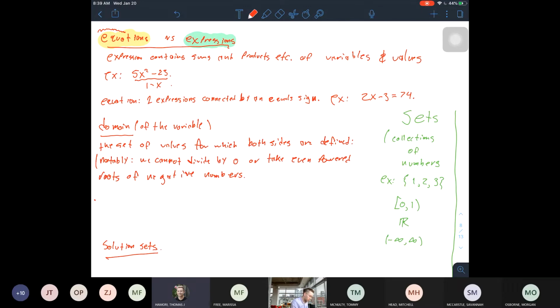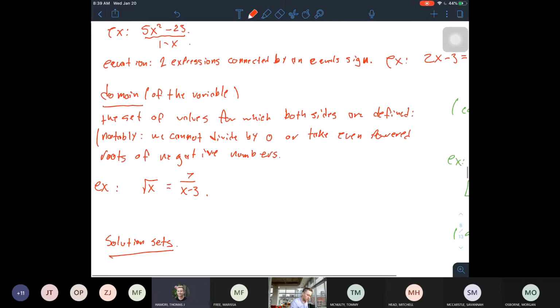Okay, so for an example, we might have the expression square root of x is equal to 7 over x minus 3. Okay, so here's an equation. So we've got square root of x equals 7 over x minus 3.